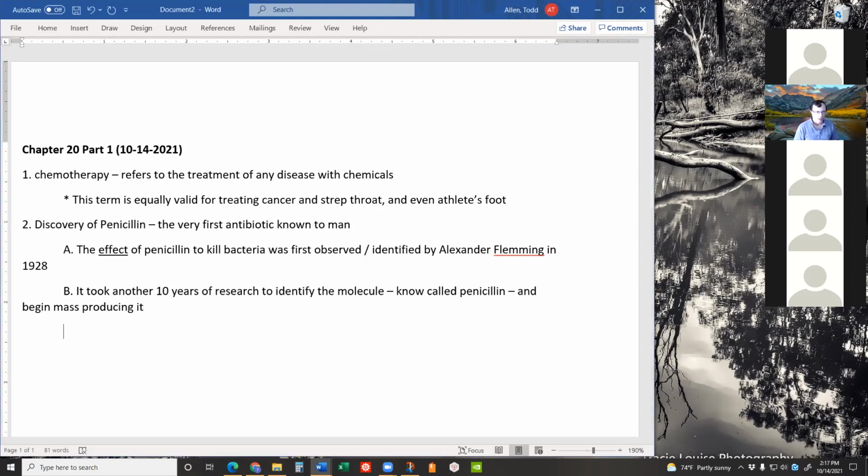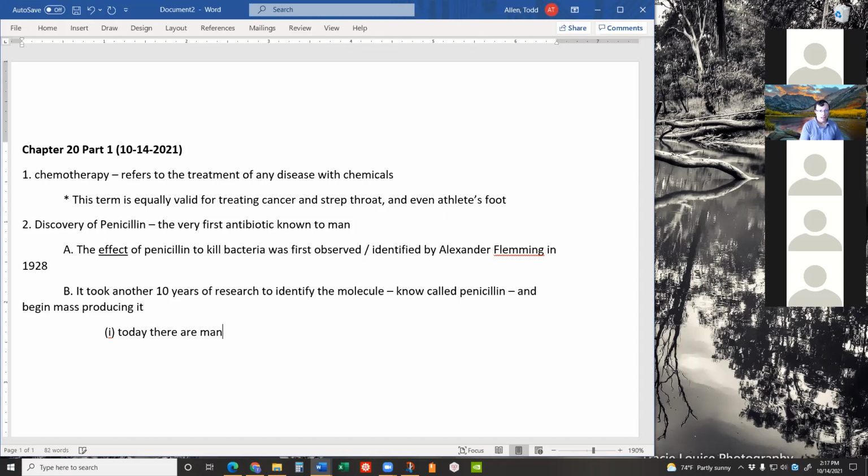So penicillin, just to give you a little preview on this, if you have your textbook available, take a look at figure 20.6. Today, penicillin as a molecule comes in many different varieties. But if you look at figure 20.6, penicillin G there, panel A, penicillin G as in George, was the version of penicillin that Alexander Fleming stumbled across during his laboratory experiments.